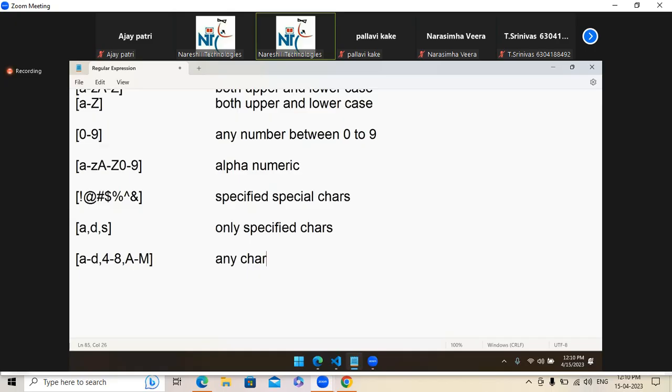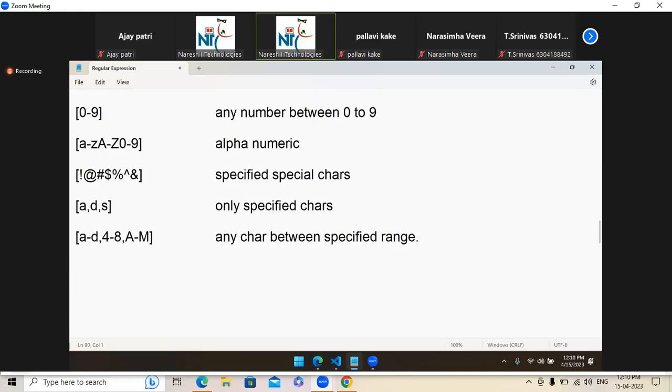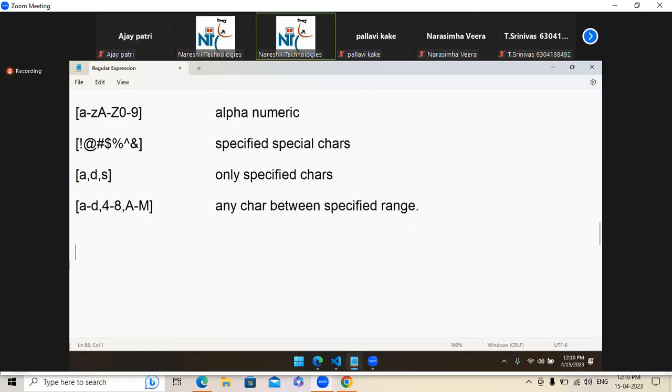Any character between the specified range. Anything between A to D, anything between 4 to 8, anything between A to M, any character between the specified range it can handle. That's what we can define.